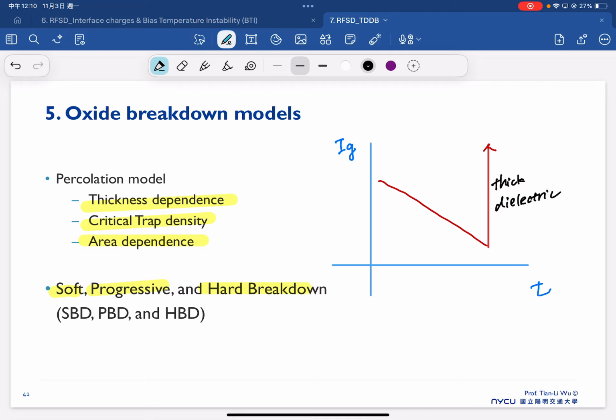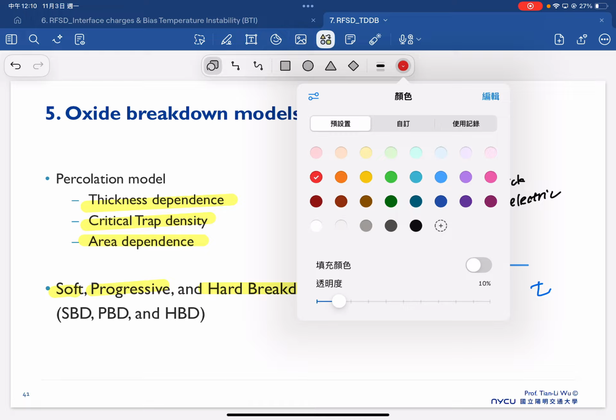If we look at a thin dielectric, we will actually find that the curve is slightly different.